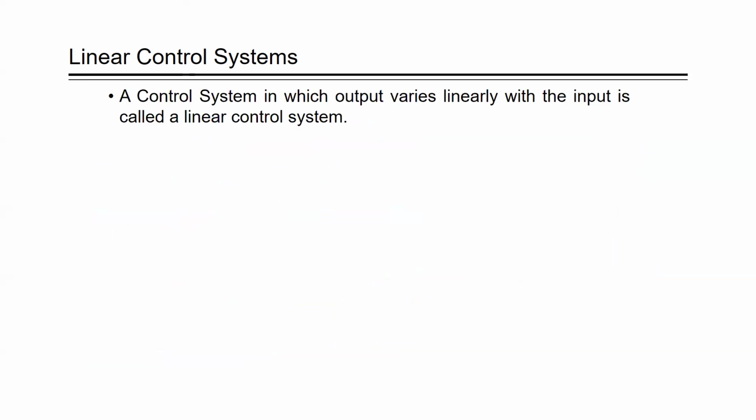Now you can also classify control systems as linear and nonlinear control systems. So if the output varies linearly with the input, then it is a linear control system. So you have an input going into the process and it has a linear relationship with the output.